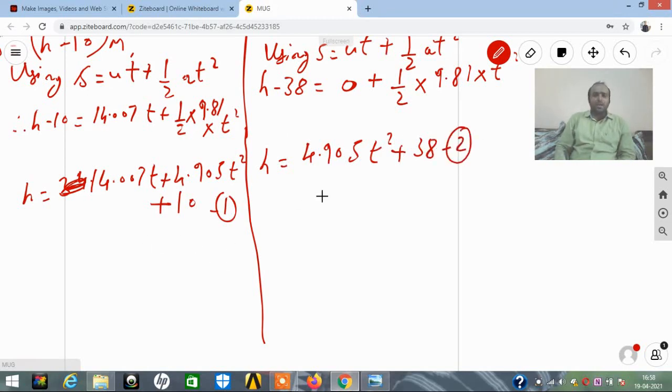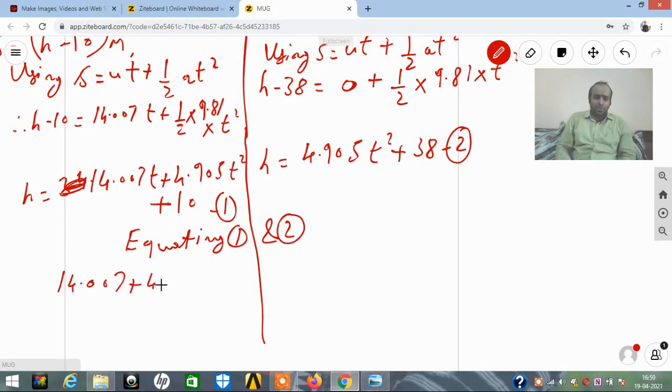Equating 1 and 2, on the left hand side, right hand side doesn't matter: 14.007 t plus 4.905 t square plus 10 is equal to 4.905 t square plus 38.